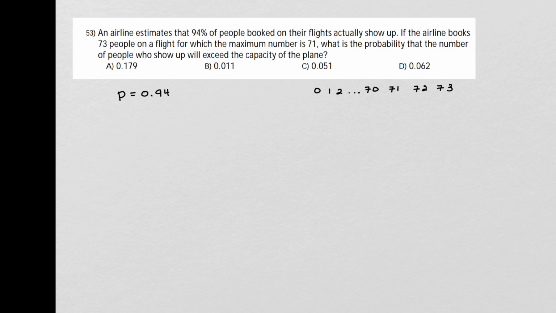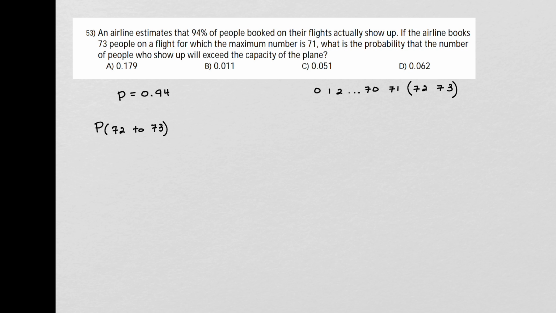Since the plane can only seat 71 people, we're looking for the probability of either 72 people showing up or 73. So to calculate this, we're looking at the probability of 72 to 73 successes, because this is binomial.